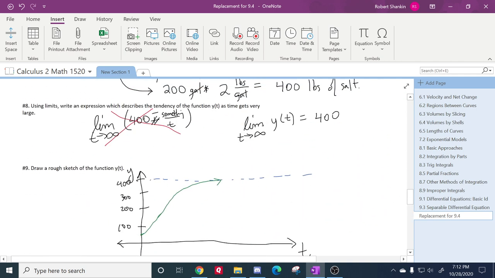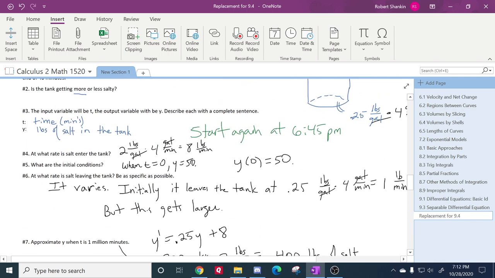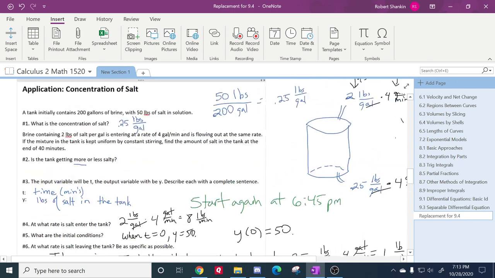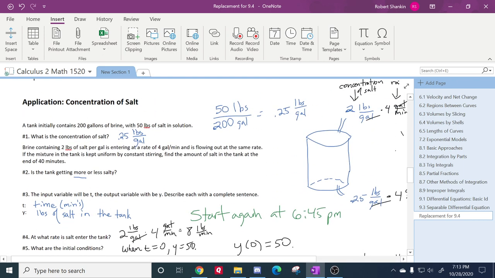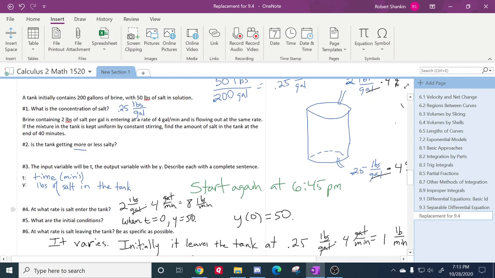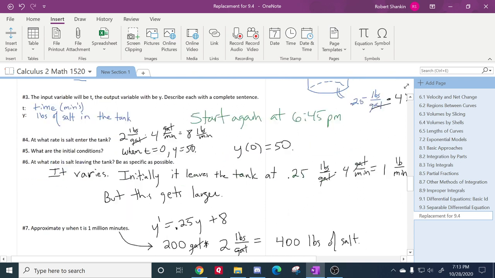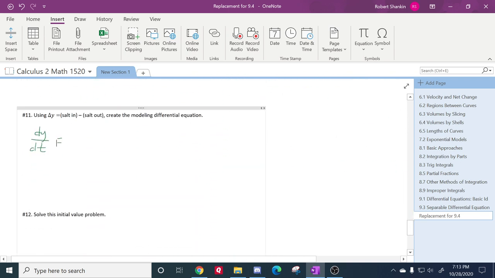Well, we had addressed those way back. At what rate is salt entering the tank? Well, it's coming in through this hose, and that always has this concentration. So the salt is always coming in at 8 pounds per minute. So this does not change.